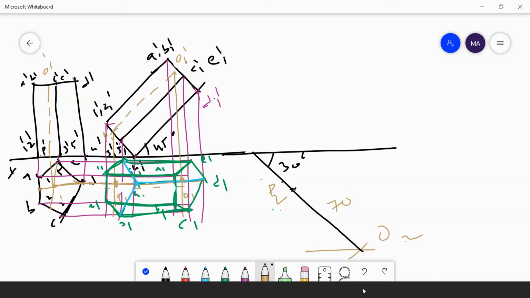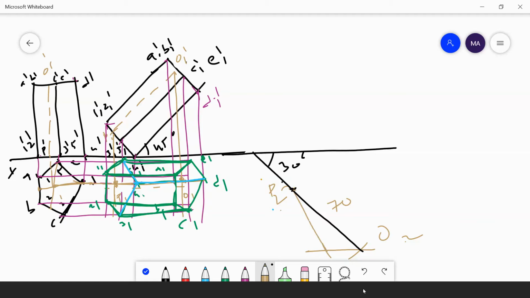Then I am measuring from this point P1 to O1, from the top view. I am measuring P1 to O1. I am taking P2 as a center and cutting an arc here on this locus. Then I am joining this axis line.